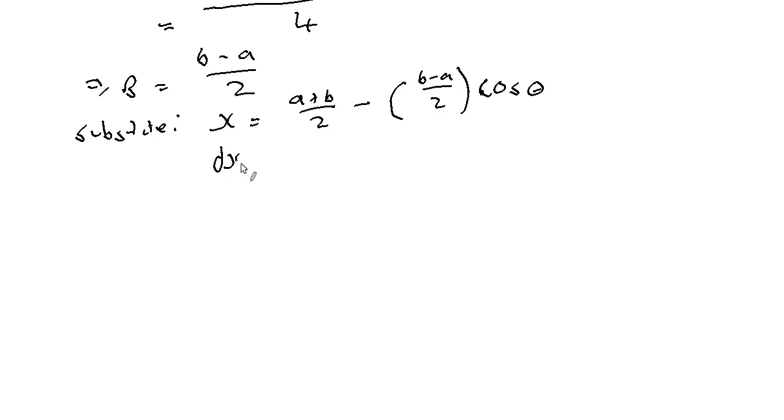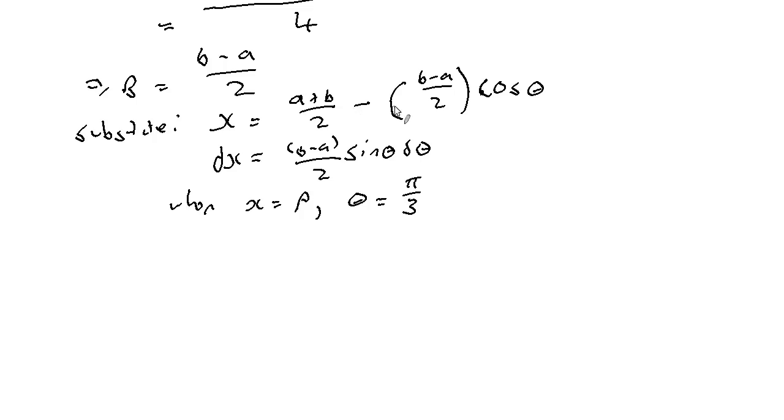Which makes dx equal to ((b minus a) over 2) sine theta d theta. We've already worked out what the corresponding thetas are for these. So when x equals p, we found already that theta equals pi over 3, because that's how we chose this substitution in the first place. Similarly, when x equals q, we know that theta is going to equal pi over 2.